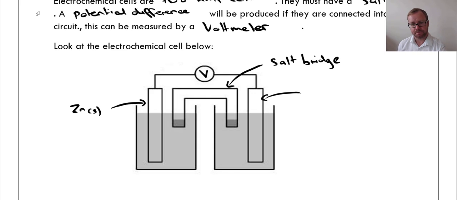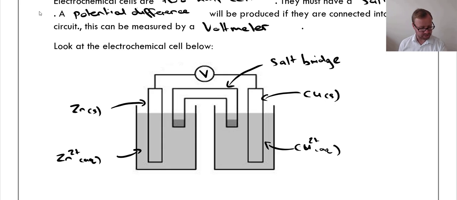This is a copper electrode, and then we need some solutions as well. This solution contains aqueous zinc ions, and this solution contains aqueous copper ions.